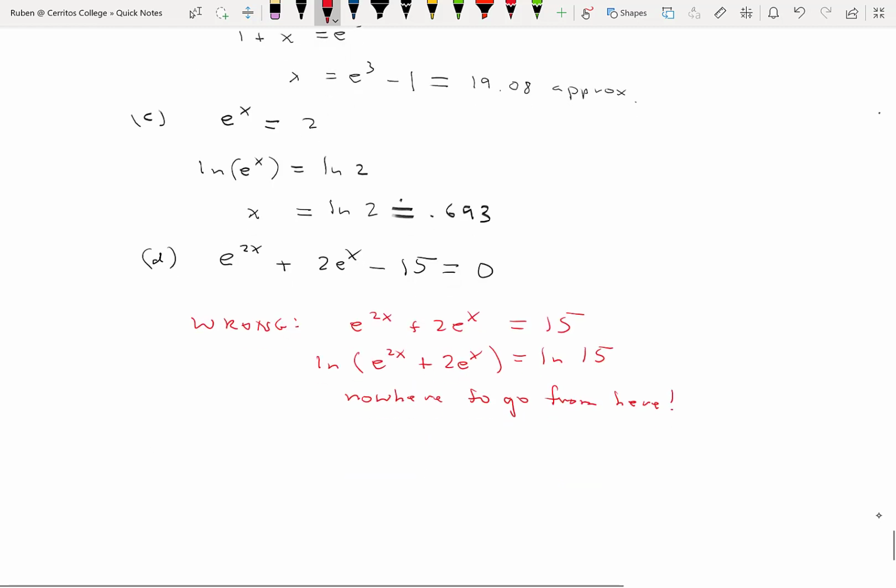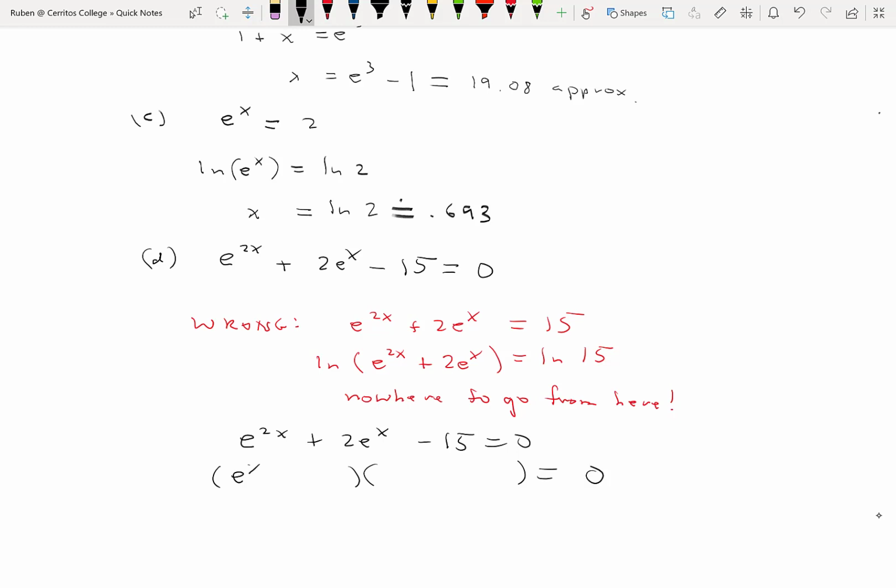So here's the correct thing to do. Notice that this is sort of like a quadratic equation. Take a look at the equation again: e to the 2x plus 2e to the x minus 15 equals 0. I can factor this into e to the x times e to the x.